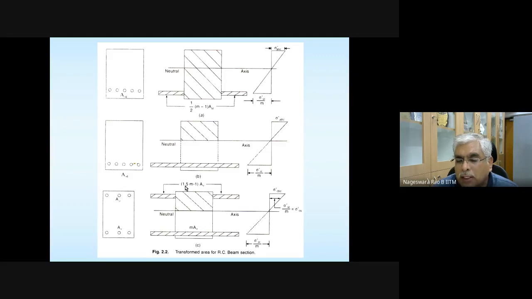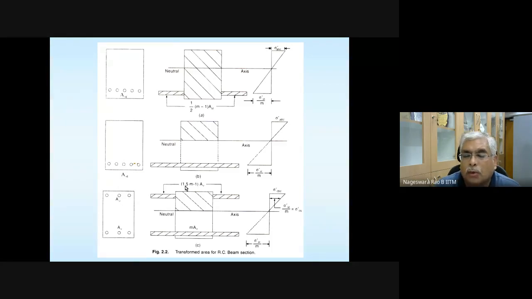Minus 1 is just taking care of whatever concrete is missed out because of the placement of this steel. The area of concrete that is missed out is equal to the area of steel that is actually there. So that's why that minus is coming.